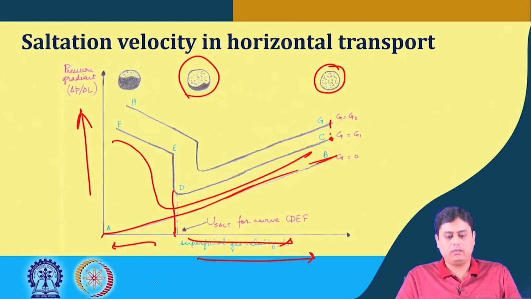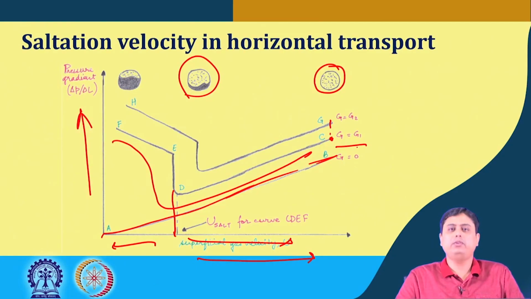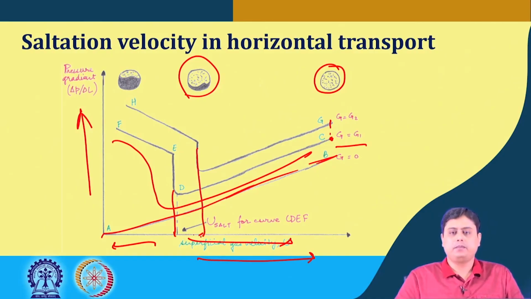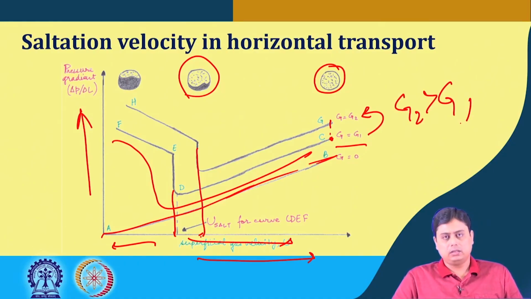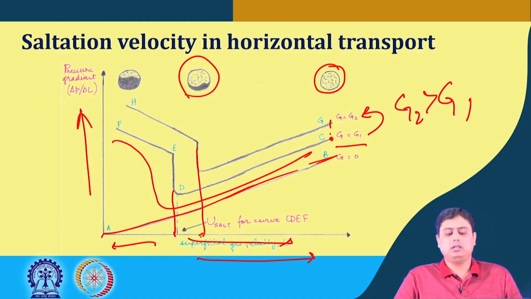Now in the saltation velocity case, as we have seen in the case of choking velocity, if we increase the solids concentration further, the saltation velocity also increases from G1 to G2, that means G2 is greater than G1. So if the mass flux of the solids is increased, the pressure drop increases, as well as the choking velocity, or the saltation velocity in the case of horizontal transport.